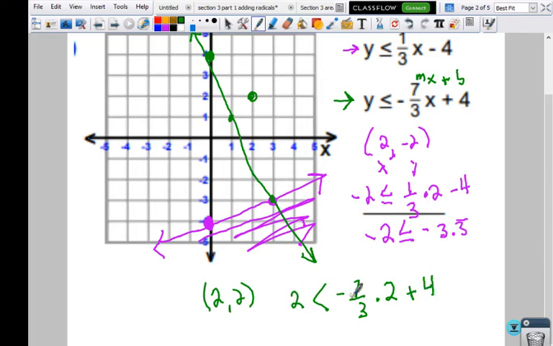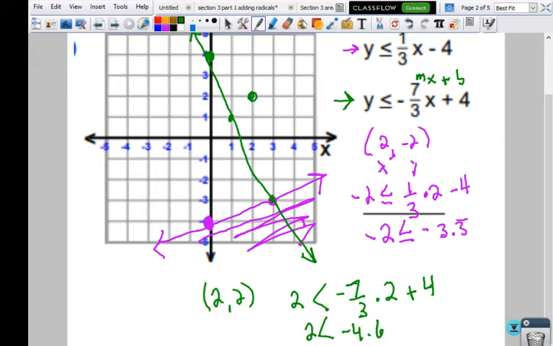Since you got decimals right there, plug that into decimals for me, please. Is that a 7 or a 1? This is a negative 7 over 3. It's negative 4.6. Okay. So we get 2 is less than negative 4.6.